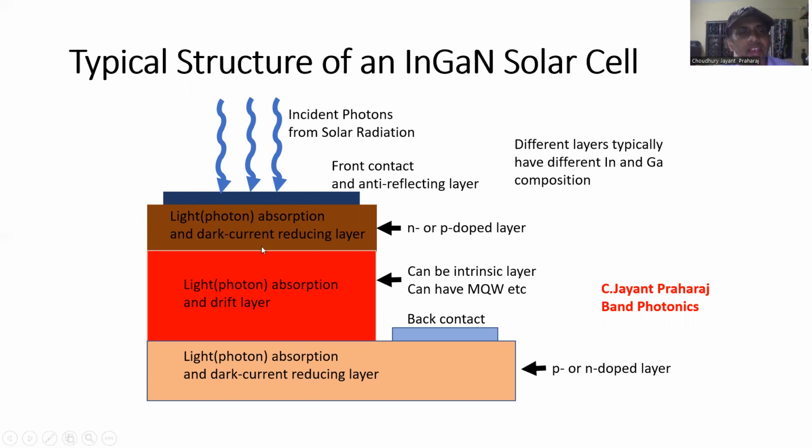These anti-reflecting layers are typically achieved by grading the dielectric constant or dielectric function, so we have multi-layers to achieve the anti-reflection. Then we have transparent conducting electrodes as front contacts, and then a back contact. Now, these different layers typically have different indium and gallium compositions, as we just mentioned.